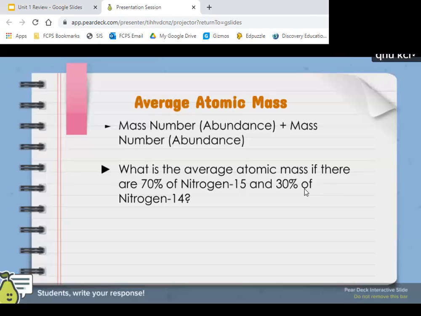So basically, you just turn the percentages into decimals. That was 0.7 and then 0.3, right? Then what do you do with that? You just add it. The formula is right here.